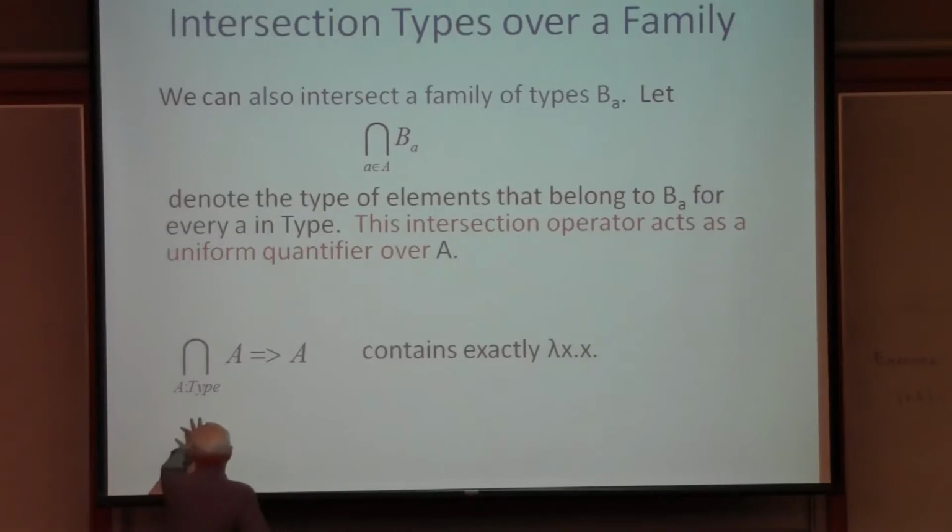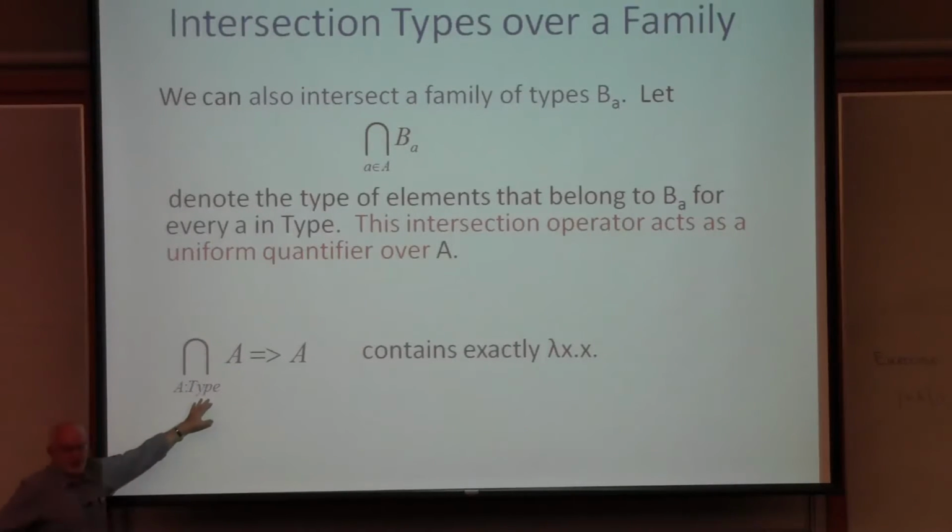Think about this quantification. If we wrote this out as a piece of logic in Coq, the quantifier would be for all A of type, say, the first level of the set type, A implies A. So you could write that as a quantified formula. Now that's not uniform, but that's quantifying over these types.